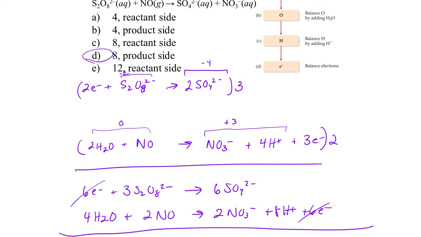So you add water when the oxygens aren't balanced. So for these two half reactions, only the nitrogen containing one had a misbalance of oxygen after we accounted for all of the other atoms. And so you add water to the side that needs more oxygen to balance those out.